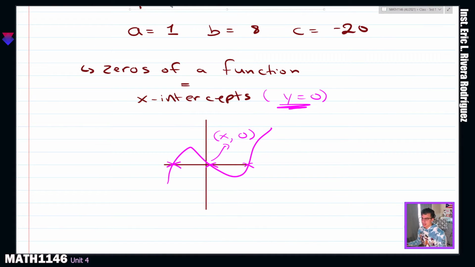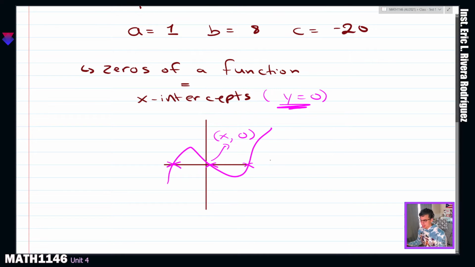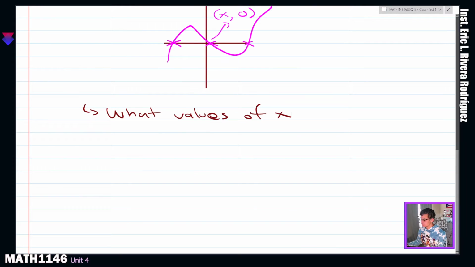The meaning is: what values of x give us y equal 0?